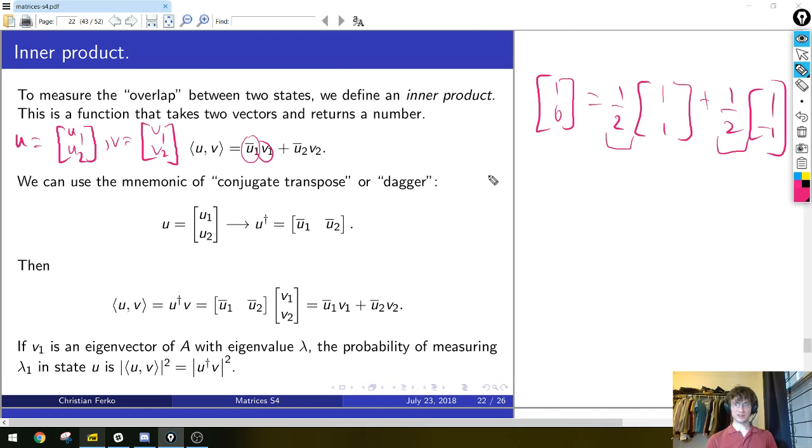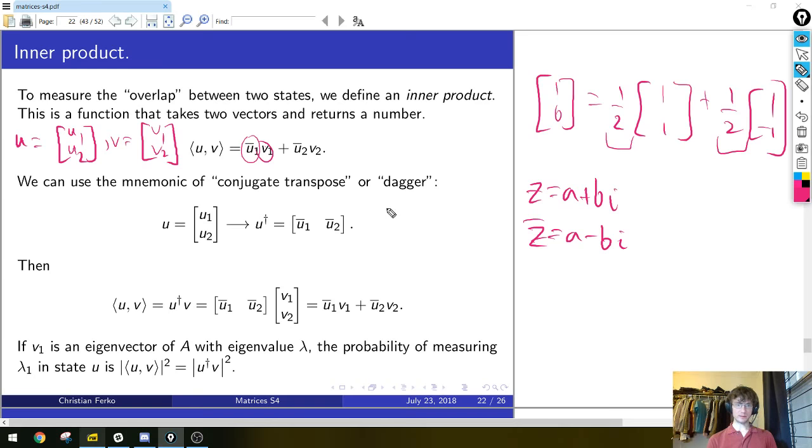Remember, the complex conjugate, if z, a complex number, is a plus bi, reverses the sign on the imaginary part. So this function simply takes the components of two vectors and multiplies the complex conjugate of one times the other and adds them.